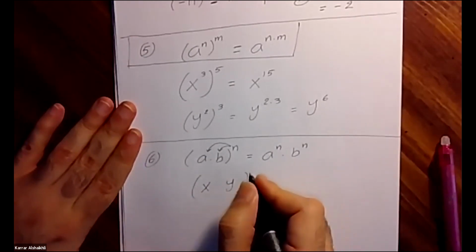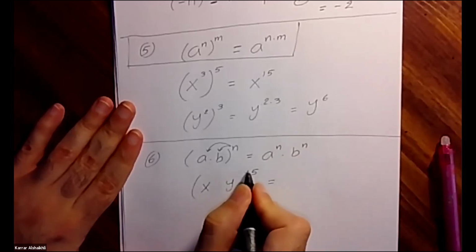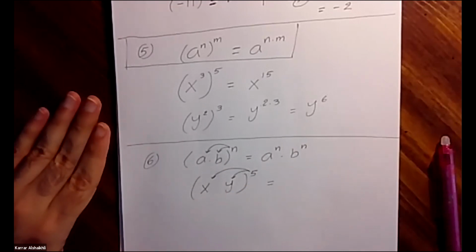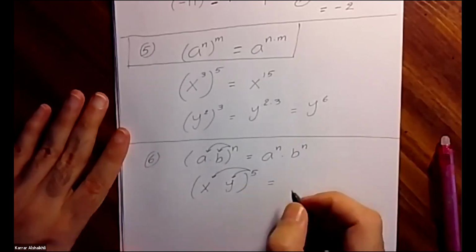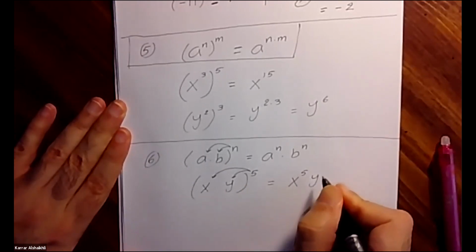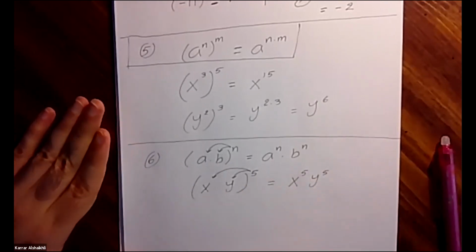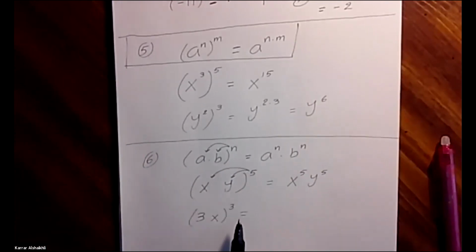So xy to the exponent 5. We're going to distribute the exponent here and here for both these numbers. So it's going to be x to the power 5, y to the power 5.